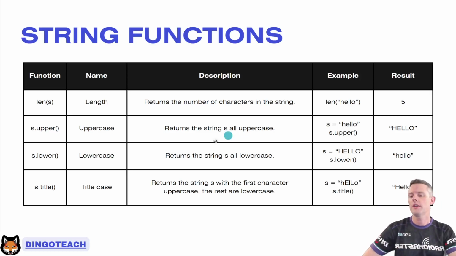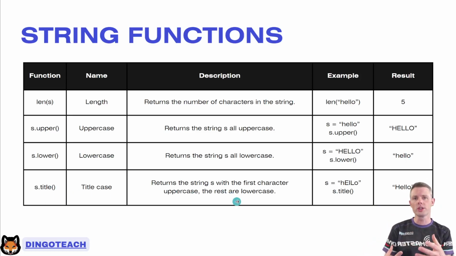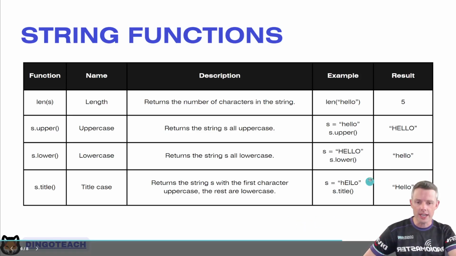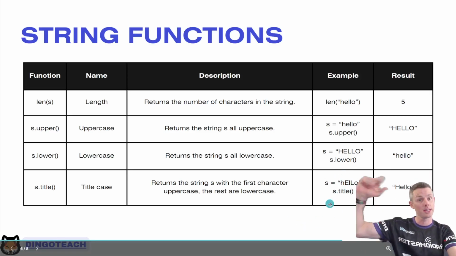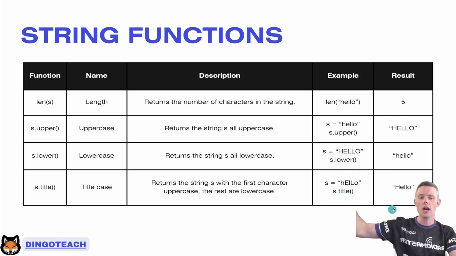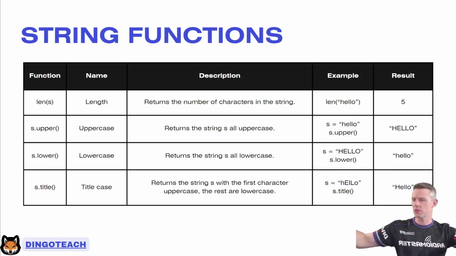And then title case is usually used for things like names and stuff like that. It will take a string, convert the first letter to an uppercase, and the rest are lowercase. So in this case, I've butchered the word hello and put a couple of capitals in the middle, and title will return a very straightforward, regular Hello. And it only capitalizes the first letter in this case.